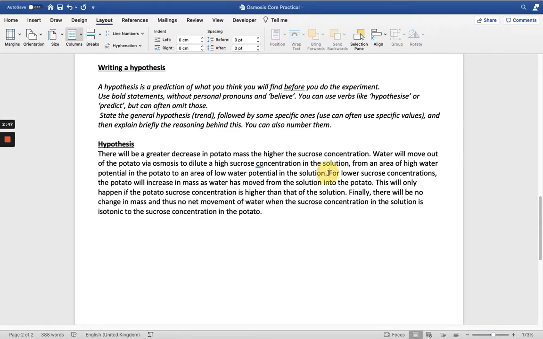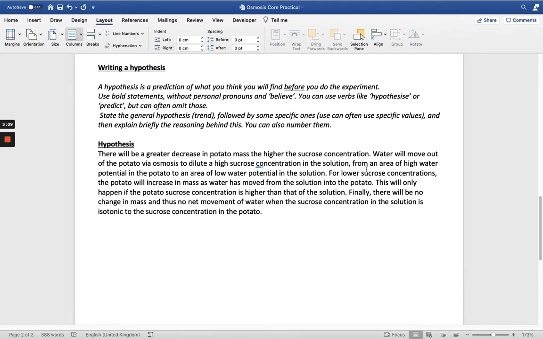I don't necessarily need to write that in there, but I wanted to write that to include some of that key vocabulary that I want to expand on later in my conclusion. Now, for lower sucrose concentrations, the potato will increase in mass as water has moved from the solution into the potato.